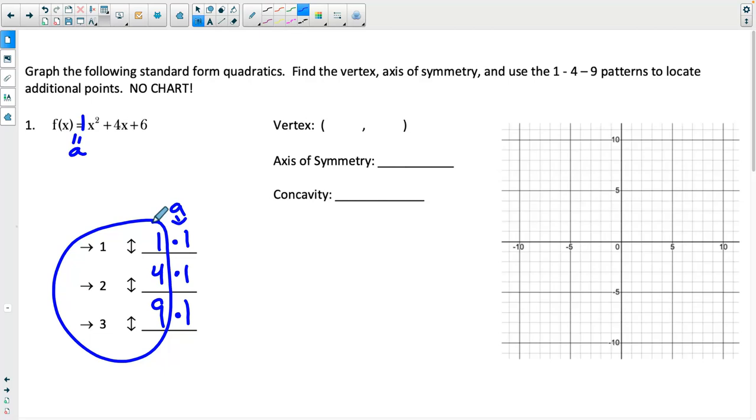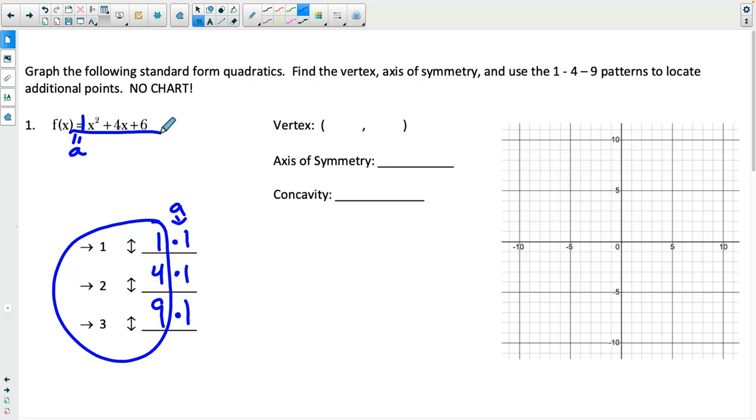So remind me, and you can look back in your packet, how do I find the vertex or the axis of symmetry for something that I cannot factor that's in standard form? What formula do I use? Look back. It's in your notes. It's highlighted on here. It's printed for you.